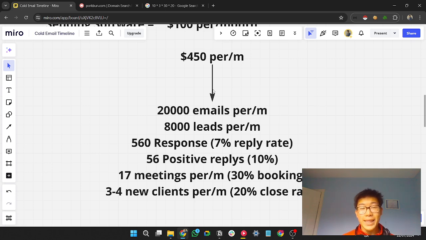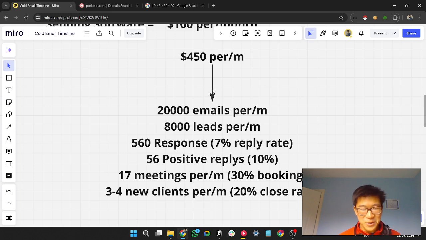And then from 8,000 leads, you're going to get people that reply back to you. So this is just basic economics of cold email. If you get a 7% reply rate from 8,000 leads that you contact 3 times, you have 560 responses. Obviously, people dislike you sometimes.